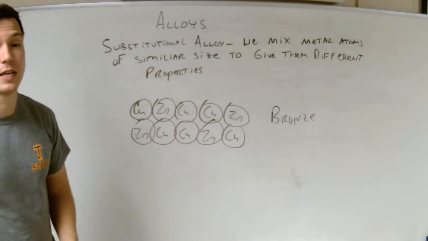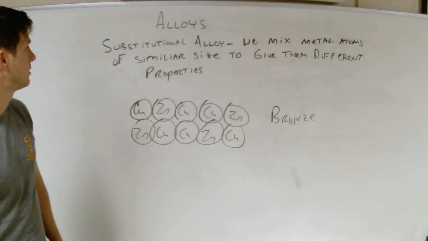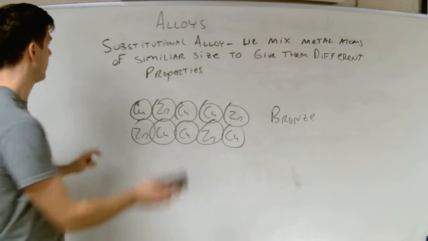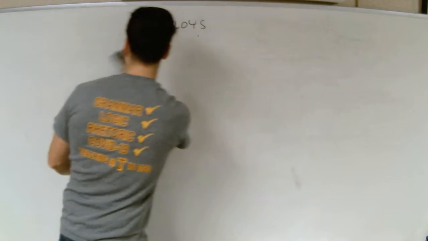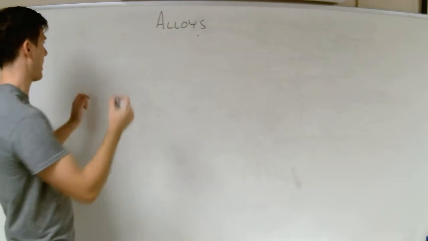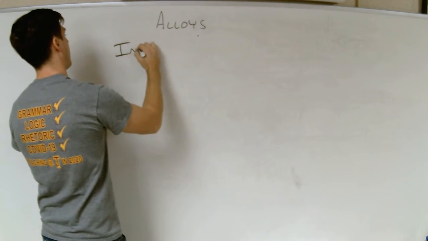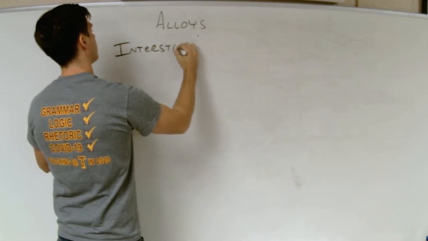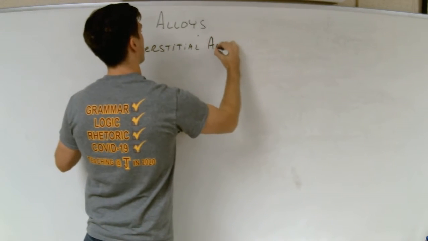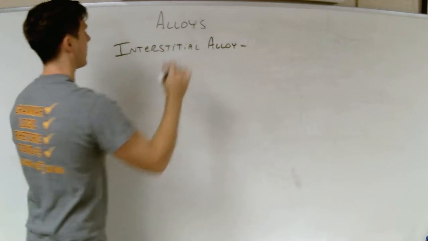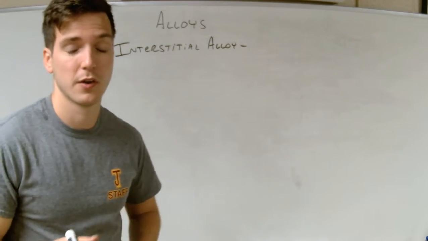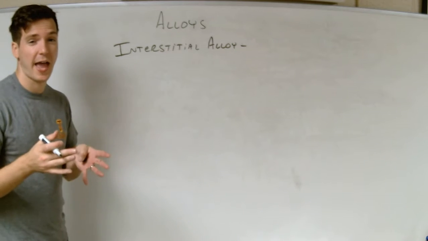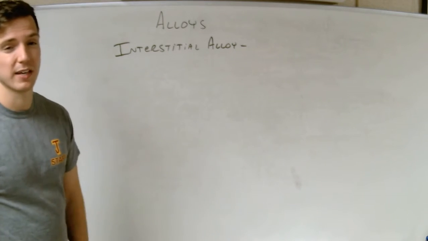Let's talk about another alloy, which is interstitial alloy. Inter kind of sounds like into, okay? So we're going to be putting an atom into a metal to make it stronger.